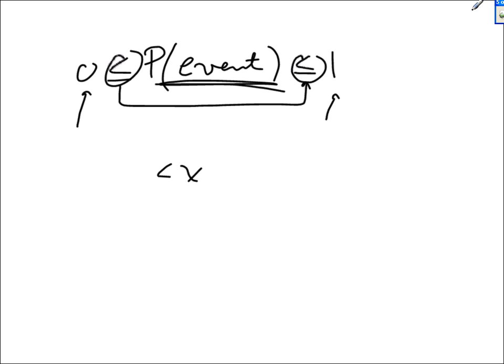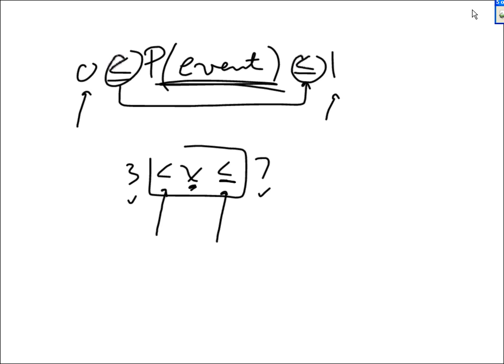A lot of students, when teachers write 3 is less than x, which is less than 7, have no understanding of what it means. This means x is in between 3 and 7. It cannot equal 3. It cannot equal 7. If it could equal 7, I would have an equal sign there. This tells me that x is in between 3 and 7.